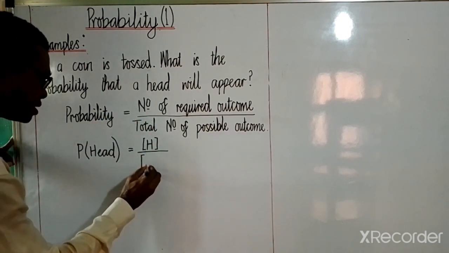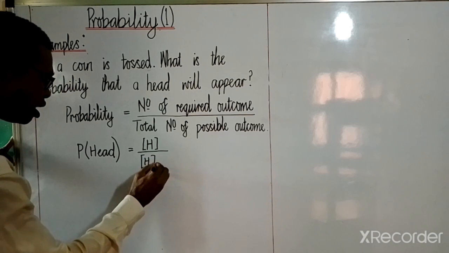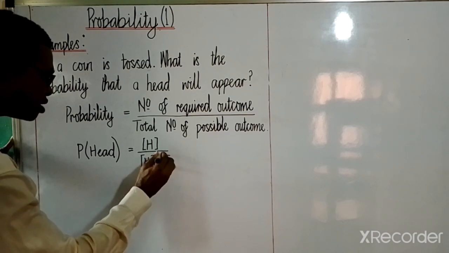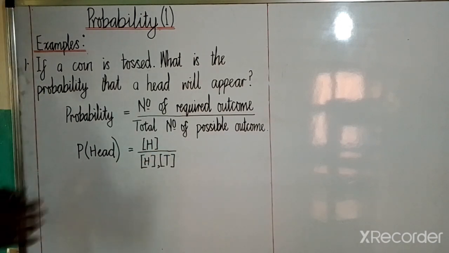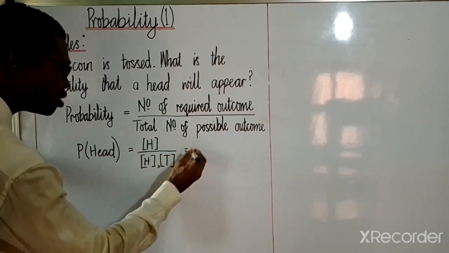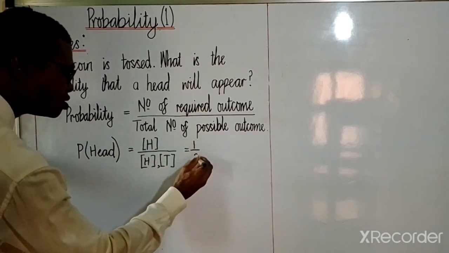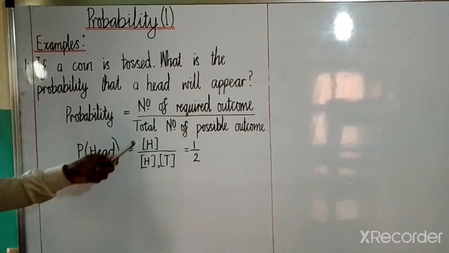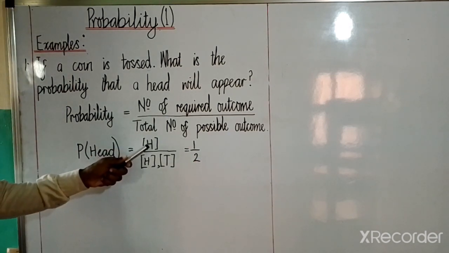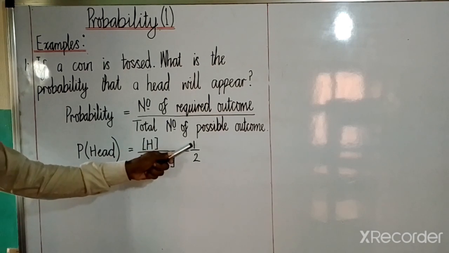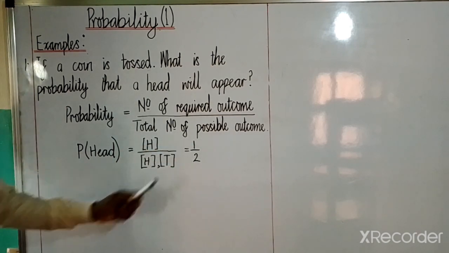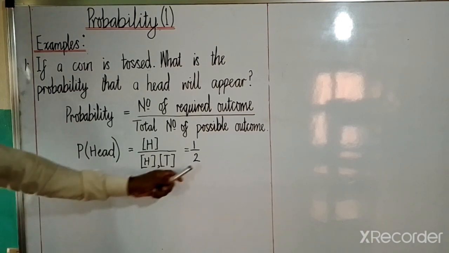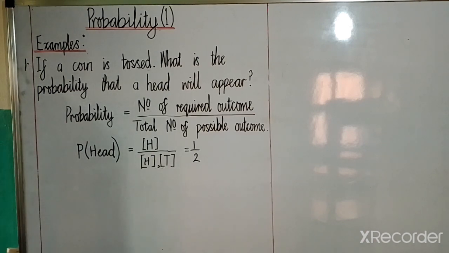It could be a head or a tail. These are all the possible outcomes. So the probability is 1 over 2. That is just one event over the 2 events, head or tail.